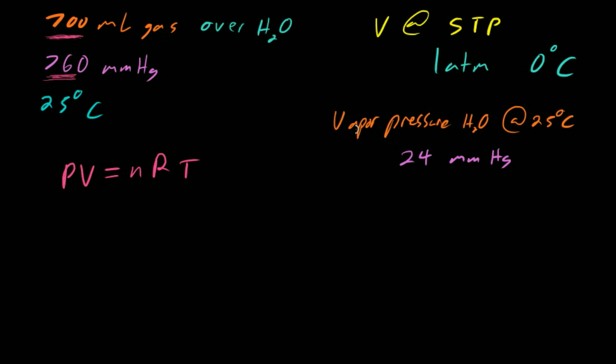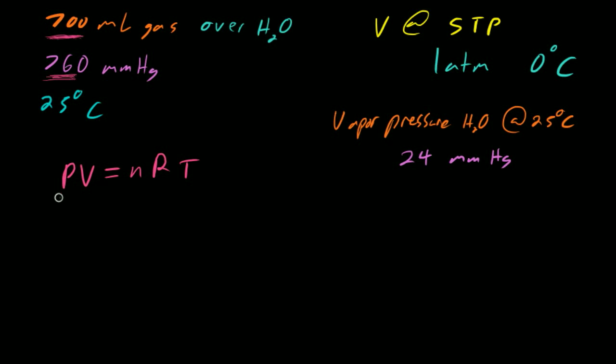So there's going to be some water pressure in there, and that water pressure is 24 millimeters of mercury. That's how much pressure we are collecting along with our gas.